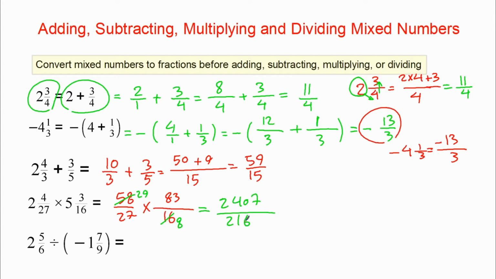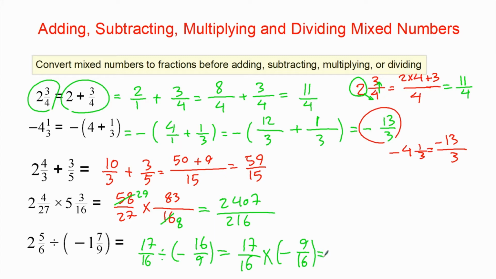And the last one is 17 over 16 divided by minus 16 over 9. I can basically say that we write the first fraction, change the division to multiplication, times the reciprocal of the second one. I can keep the minus there, minus 9 over 16.